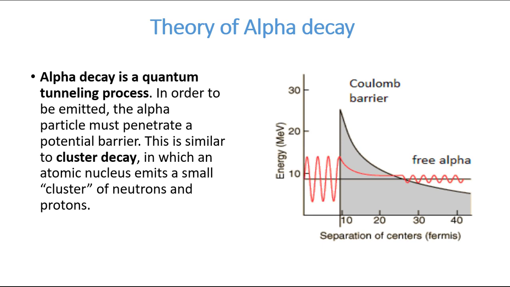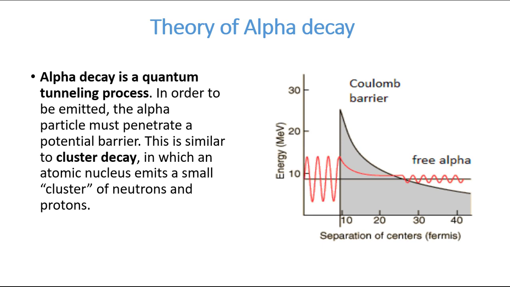Alpha decay can be explained by the quantum tunneling process. In the figure you can see the alpha particle can penetrate the potential barrier even if it has less energy than the Coulomb barrier, whose height is about 10 fermi. This phenomenon cannot be explained by classical physics; it can be explained by quantum tunneling.